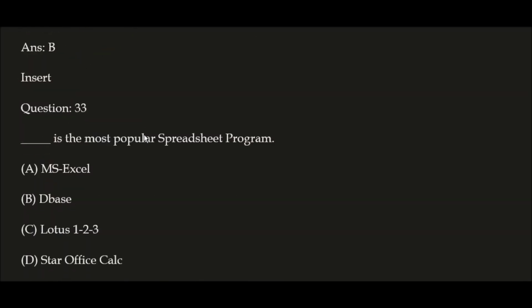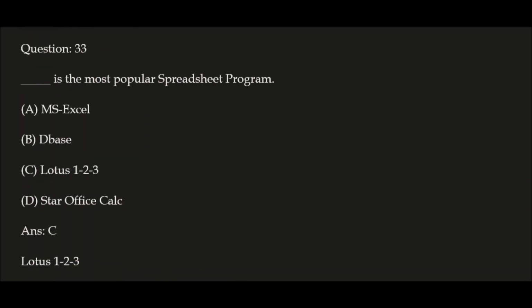Okay. Next question. Blank space is the most popular spreadsheet program. Option A, MS Excel. Option B, DBase, which means database. Option C, Lotus 123. Option D, Star Office Calc. Correct answer here is option C, Lotus 123 is the most popular spreadsheet program. Okay.